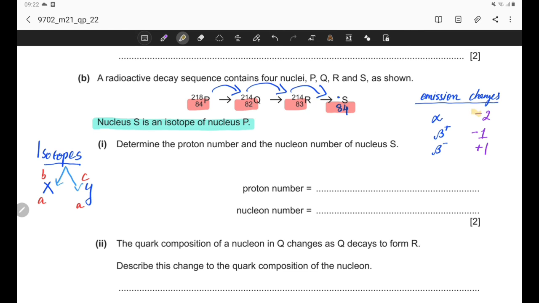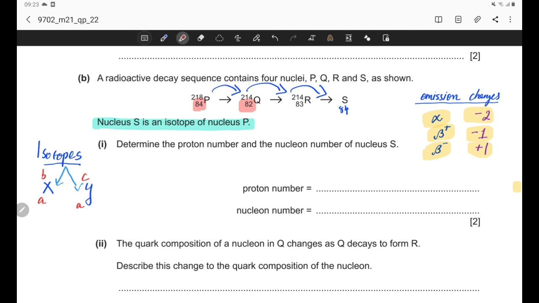So by checking the changes that happen to the atomic number, we can identify whether it is an alpha decay, beta plus decay or beta minus decay. Now here we can compare these changes.